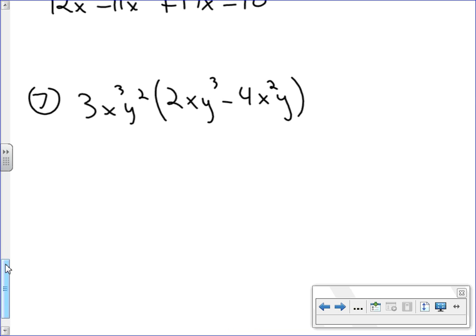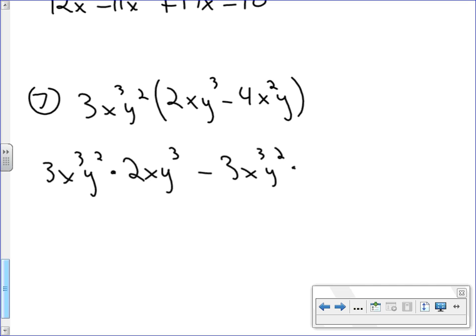I'm taking 3x cubed y squared, and I'm multiplying it times 2xy cubed. Okay? Minus 3x cubed y squared, that outside, times 4x squared y. Now this step you can do in your head if you want to, as long as you're getting the right answers. And now you just put these 2 together. You want to put them in order, in your head or on paper.